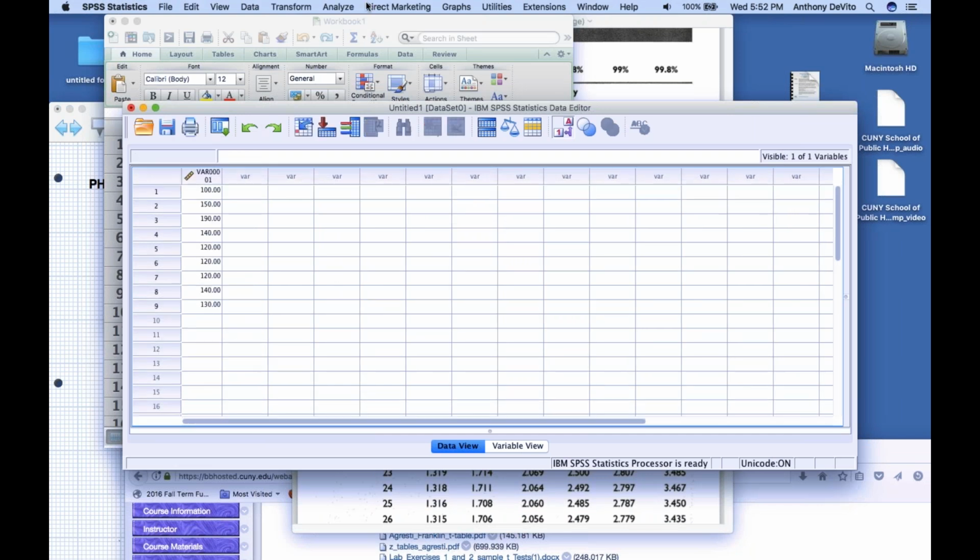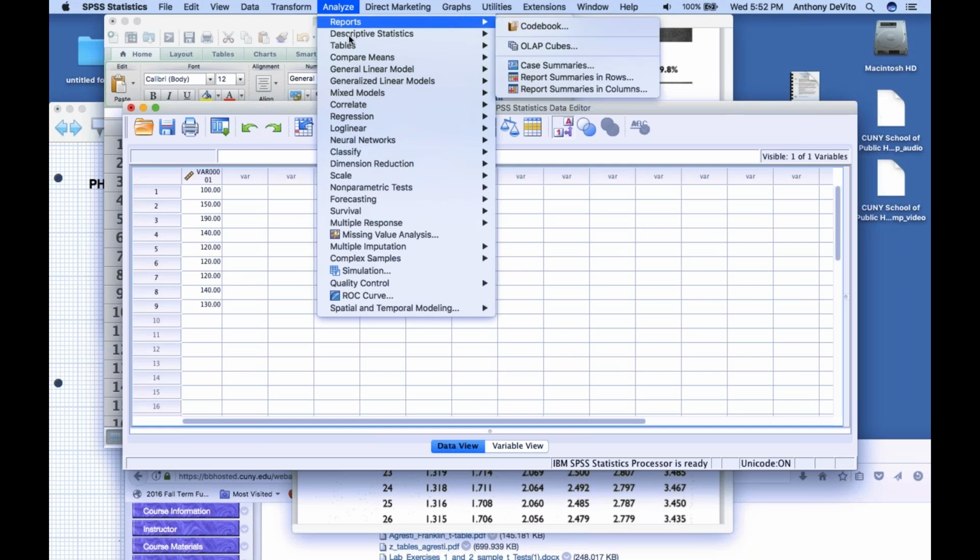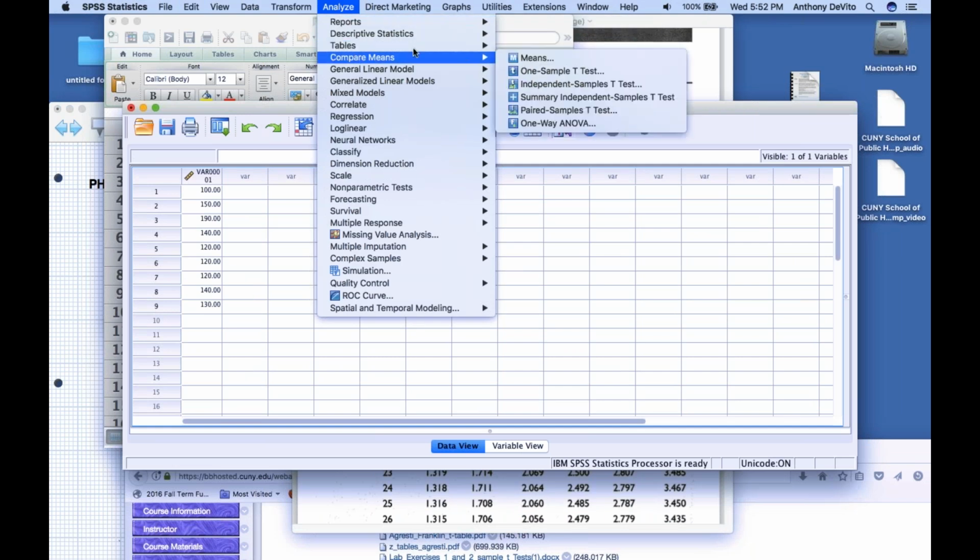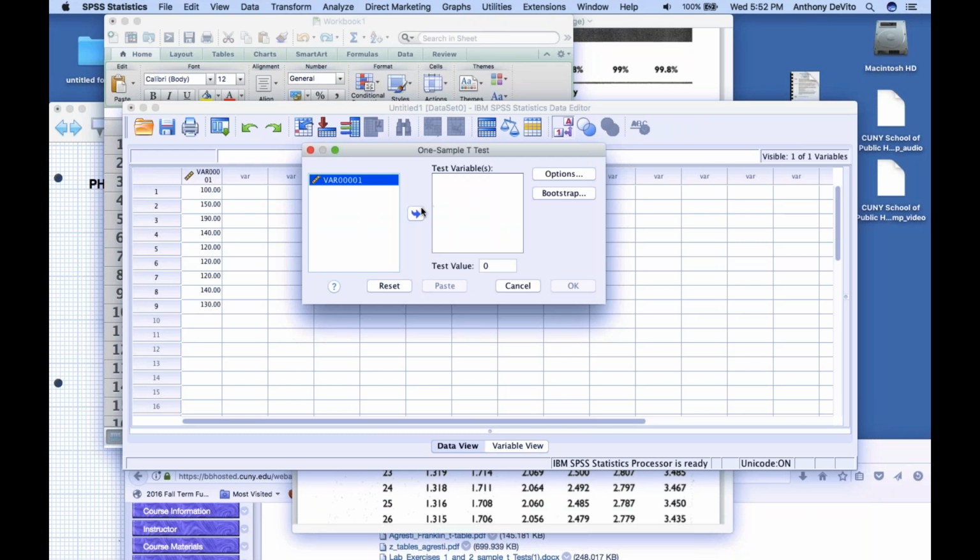Okay, there's my numbers. I'm going to analyze. Now what I'm doing is I'm comparing means of two groups. In this case, I'm only working with a single sample and I'm comparing it to a known mean from another population. So I'm going to move that in there. And the value I'm comparing it to is the mean for nurses, which I cheated and called 110.